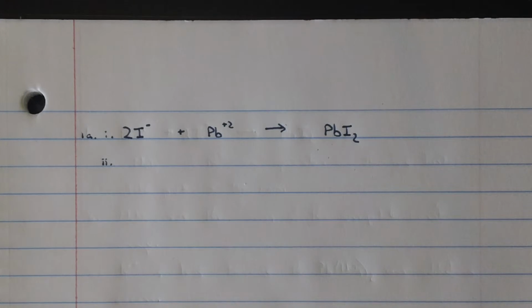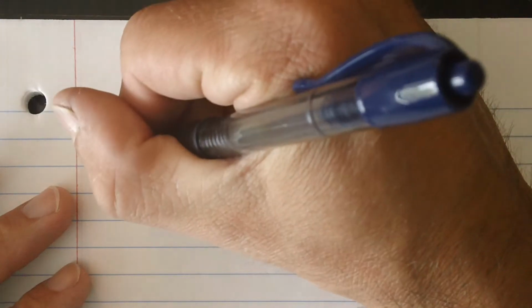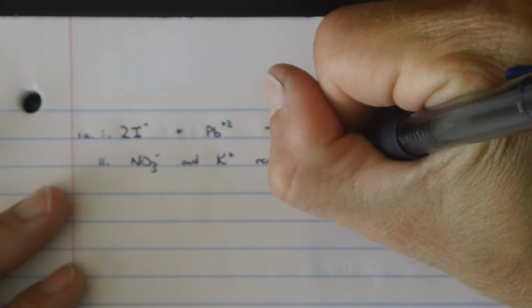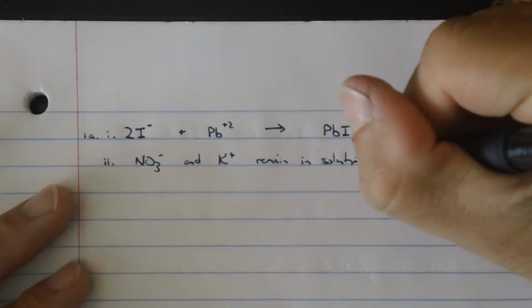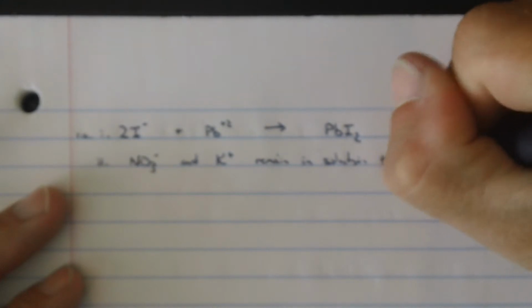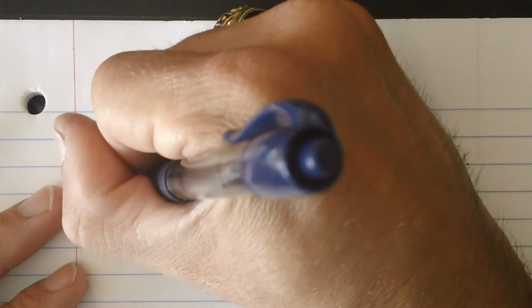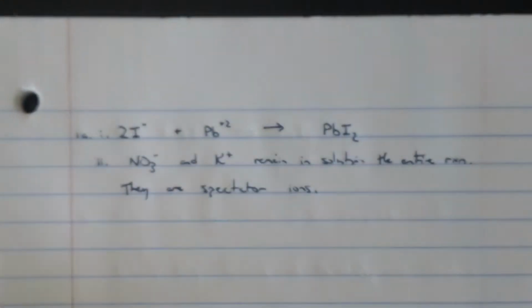And then part A2 says explain why the reaction is best represented by a net ionic equation. And it is as simple as saying nitrate and potassium ions remain in solution the entire reaction, and then tell them they are spectator ions.